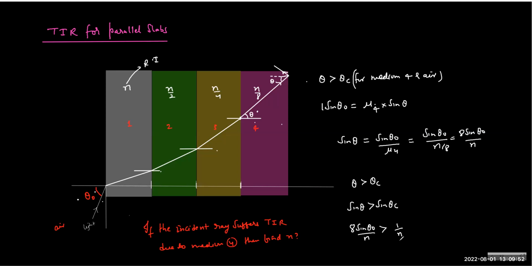So maybe they're asking theta now. N will cancel out. I think they're not asking n, you may need to find theta. So sine theta naught must be more than... Something is wrong, this should not be the question.